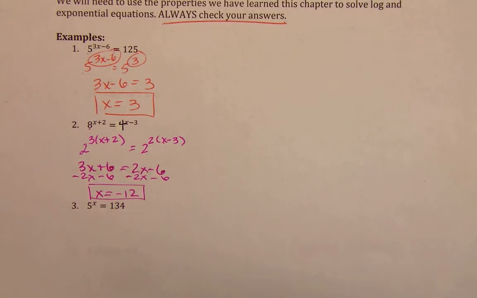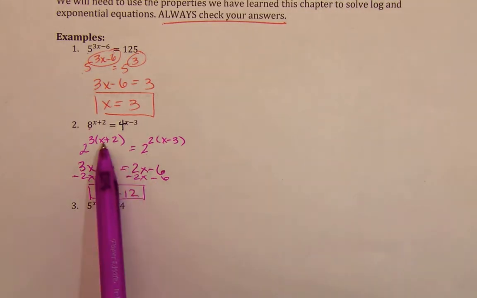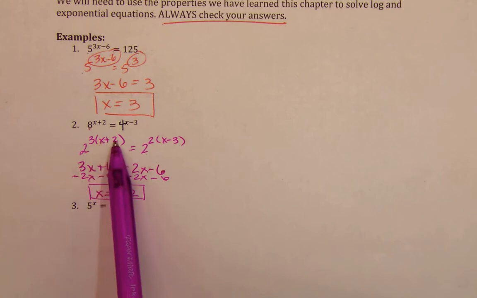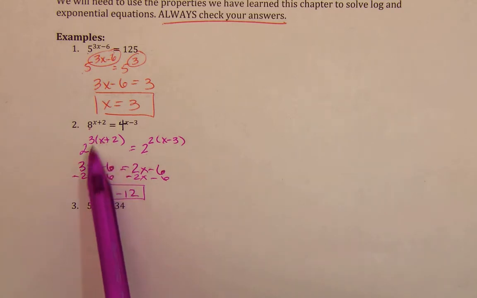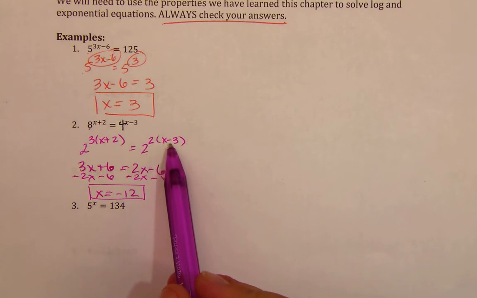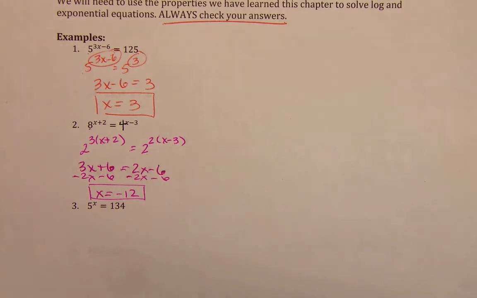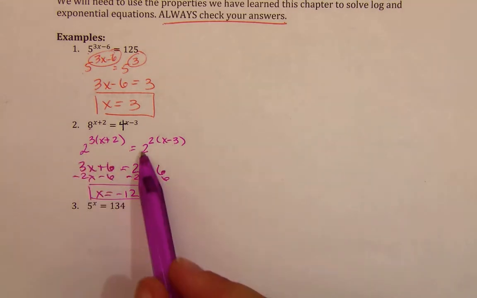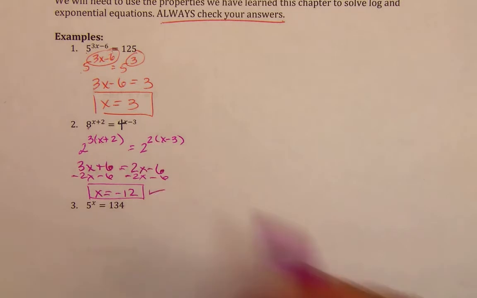And for the sake of time, I can tell you that that's going to work out. If I plug in negative 12 right here, negative 12 plus 2 is negative 10, times 3 is negative 30. Plugging in negative 12 here, negative 12 minus 3 is negative 15, times 2 is negative 30. 2 to the negative 30, 2 to the negative 30, this checks out.